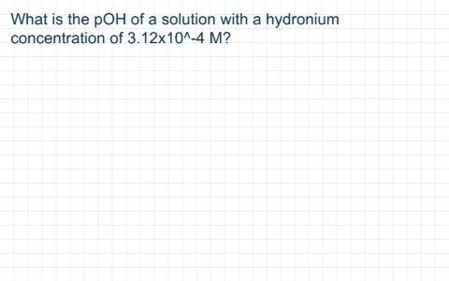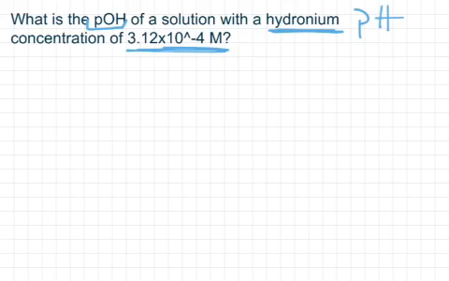So if we put this into action, just to make sure that we're all caught up on what we have learned so far, let's do a question where we want to know the pOH of a solution with a hydronium concentration of 3.12 times 10 to the negative 4. This is important because hydronium does not directly give you pOH, it gives you pH.